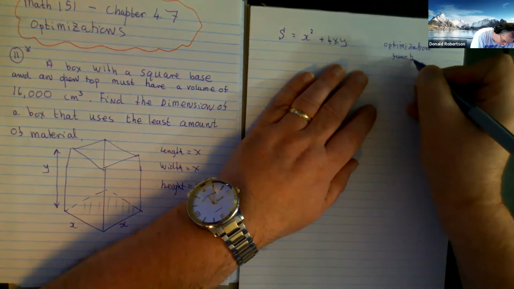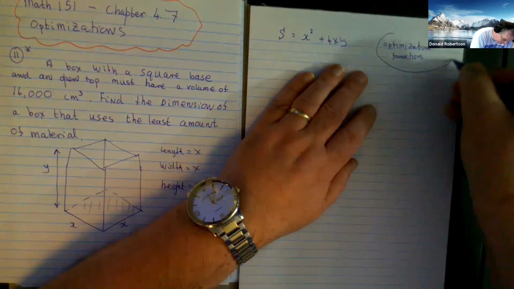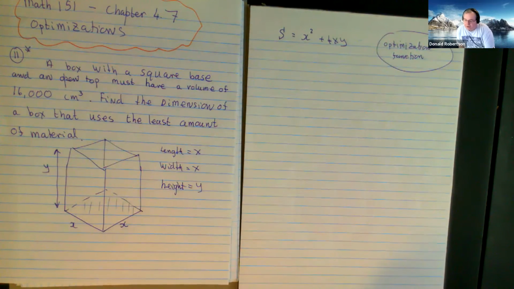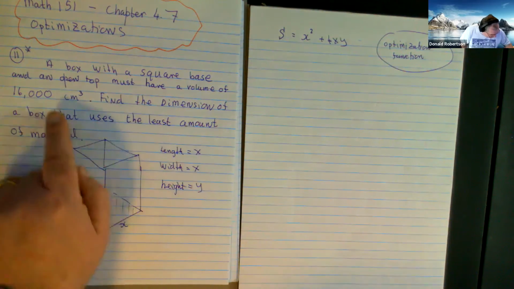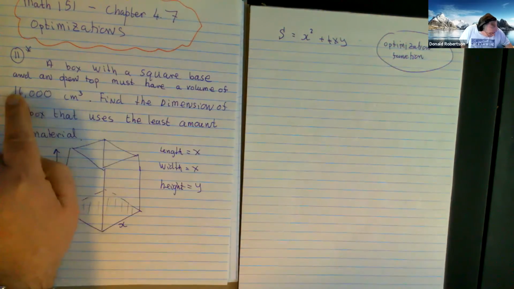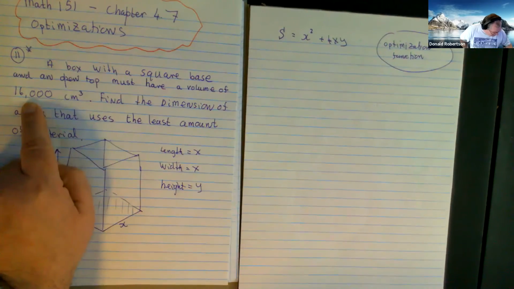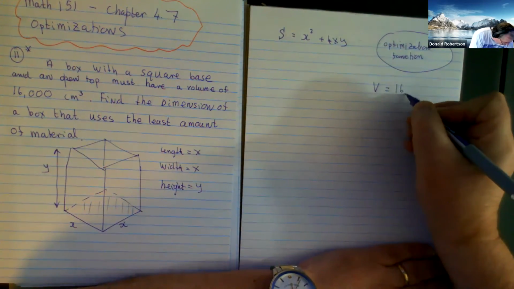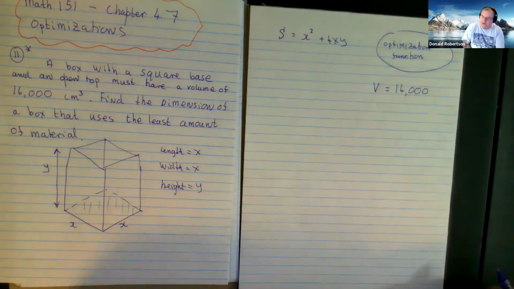And of course, it's not uncommon, as you've noticed from yesterday, that this function, at least right now, has X's and Y's in it. But don't I only want X's in it? So I'm now going to go back and read this piece. The volume of this thing is 16,000. So you're telling me that the volume is 16,000 cubic centimeters.